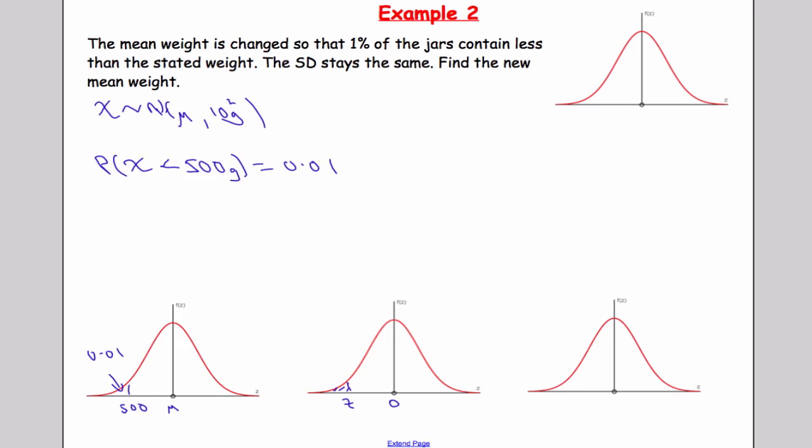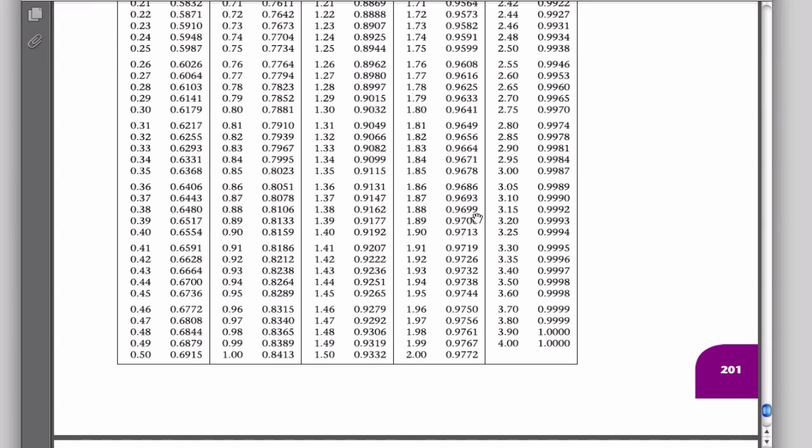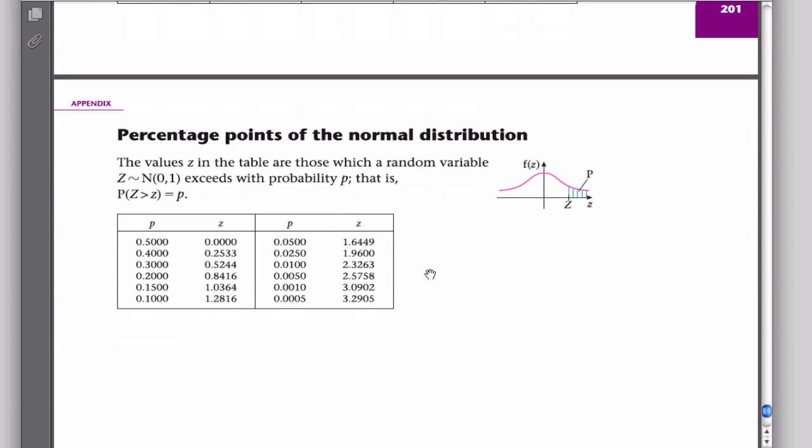So I'm going to use the symmetry of the normal distribution, get negative z, and look at that side, which I know is 0.01. If I go to my percentage points table, 0.01 appears here, and that has a z-score of 2.3263.